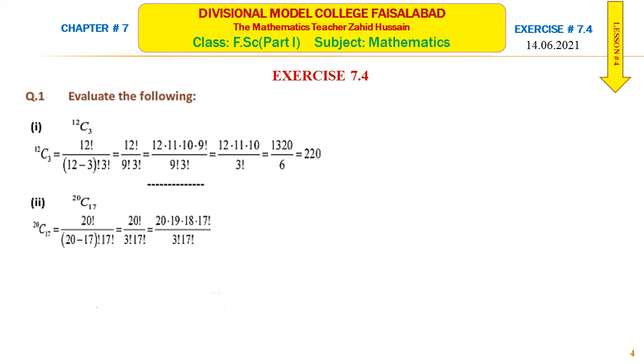The 17 factorial cancels with 17 factorial, and we are left with 20, 19, 18 over 3 factorial. Simplify 3 factorial, which is 6, or multiply the numerator and divide by 6. The final answer is 1140.